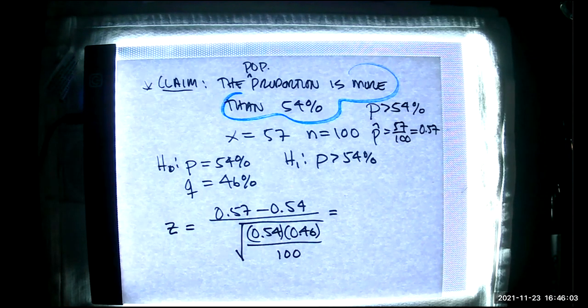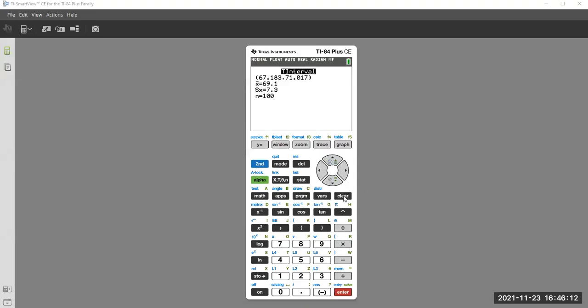The order of operations plays fairly nice with us as long as we remember to take care of the numerator material first. So 0.57 minus 0.54. We're going to divide that by the square root of 0.54 times 0.46 divided by 100.